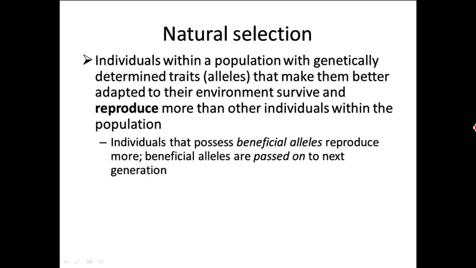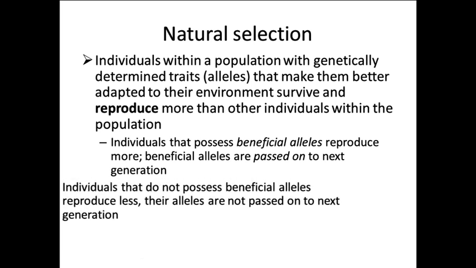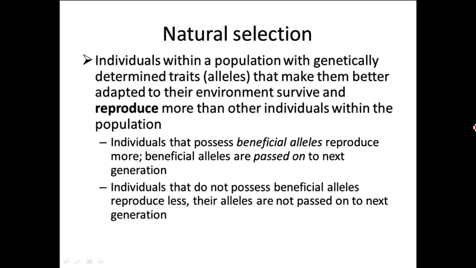Individuals that have beneficial alleles, meaning that they confer an advantage, reproduce more, and the beneficial alleles are passed on to the next generation, meaning they become more frequent. And then the opposite is true. So individuals that don't possess these beneficial alleles reproduce less, or maybe not at all, and their alleles are not passed on to the next generation.